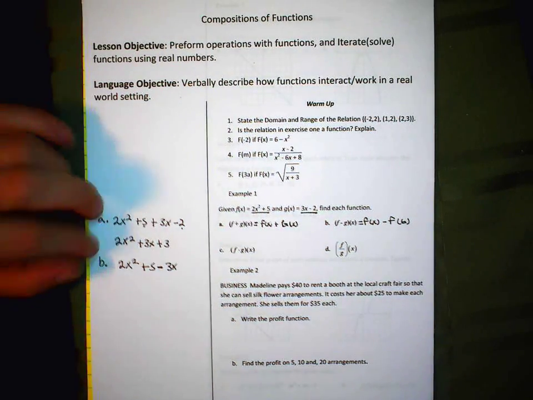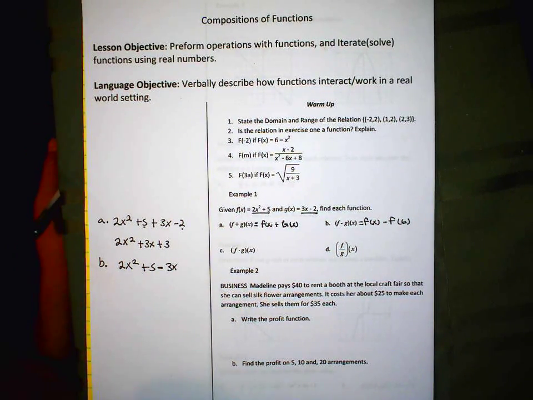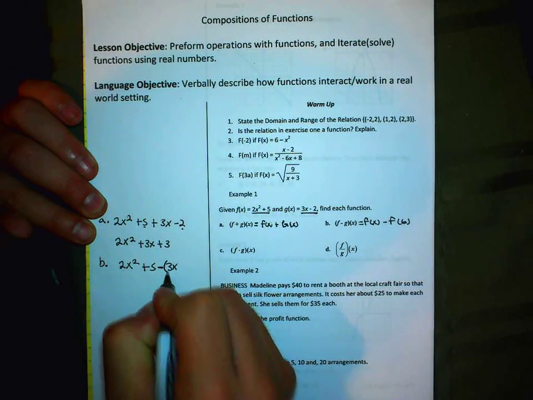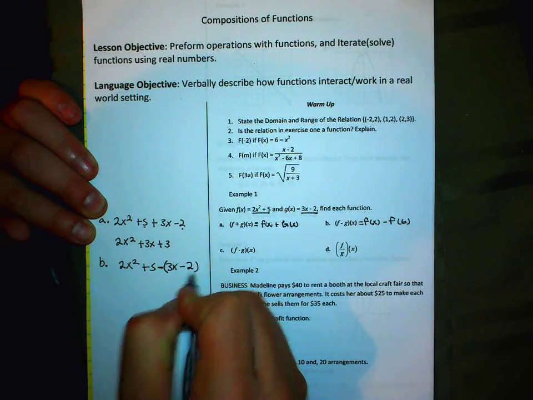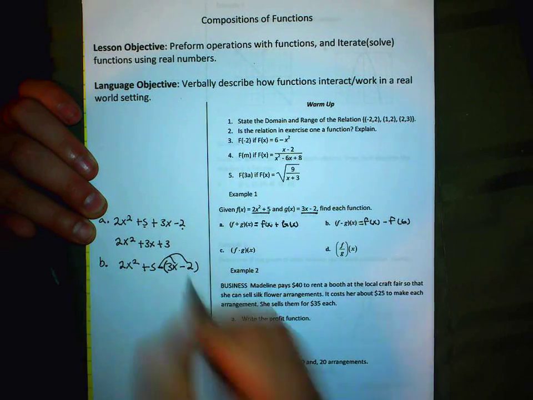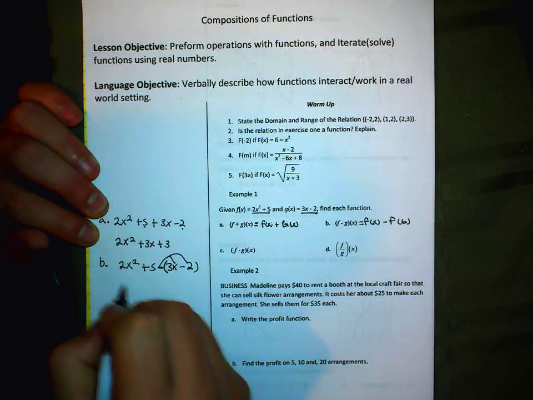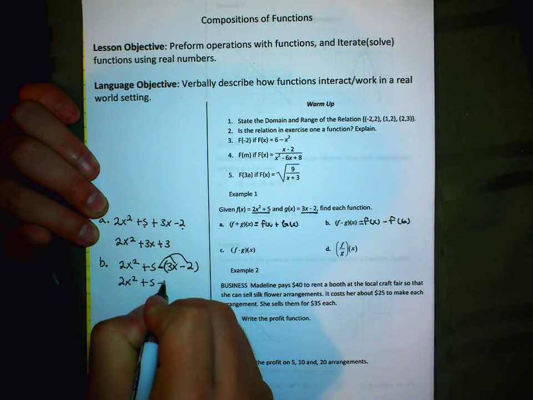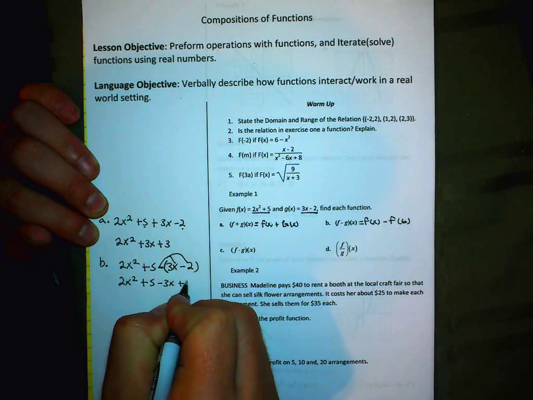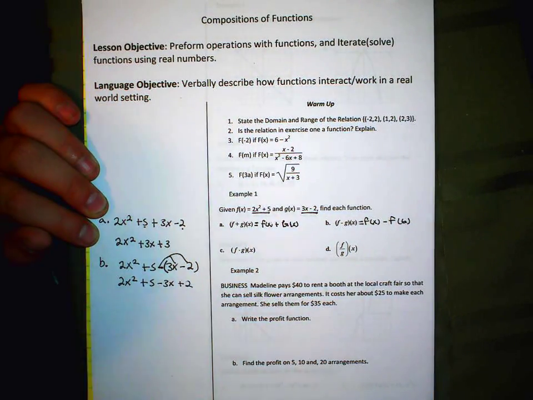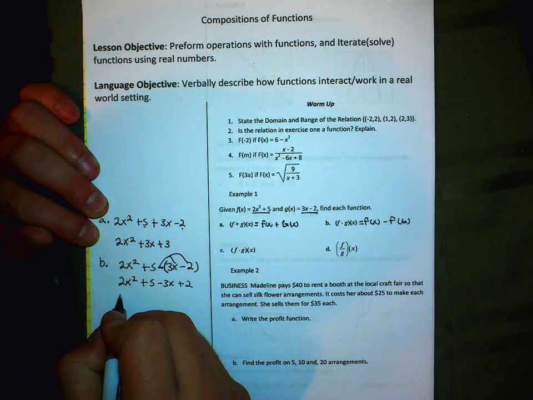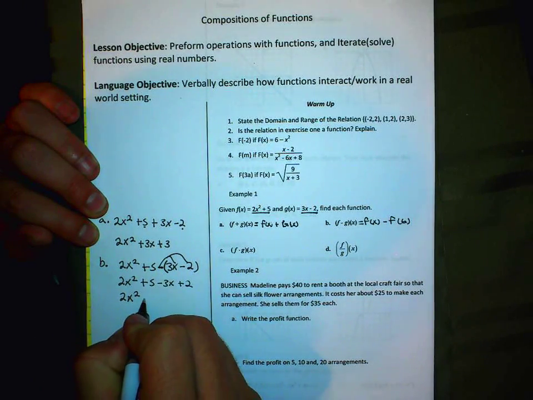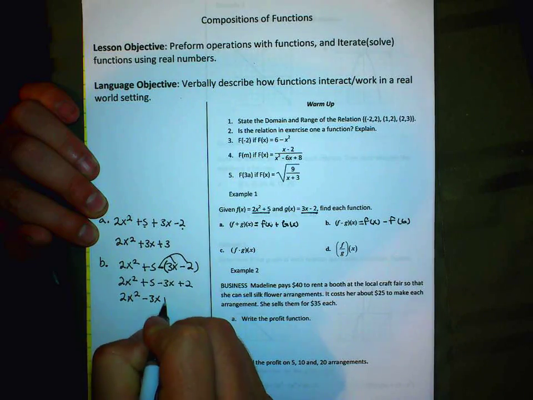Now, I've already got a minus 2. What do you think? Should that negative carry all the way through? Absolutely it should. In fact, we'll use parentheses here so that we use this negative as a distributive through the function. So that should rewrite as 2x squared plus 5 minus 3x plus 2. Again, combine like terms, in this case 5 and 2. So our function becomes 2x squared minus 3x plus 7.